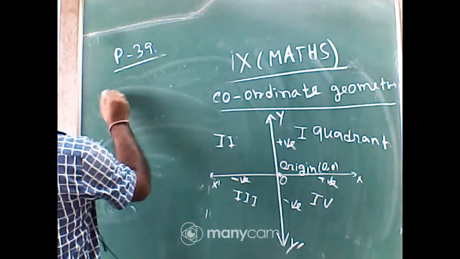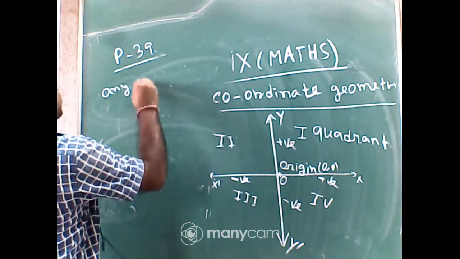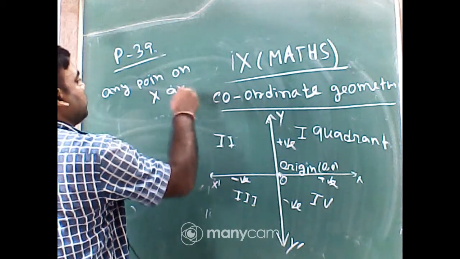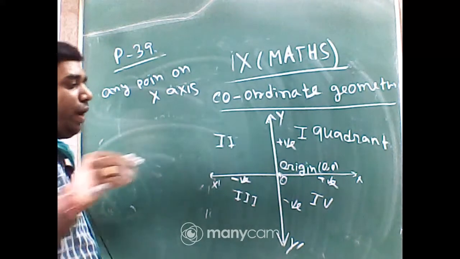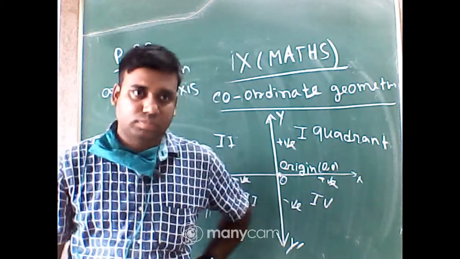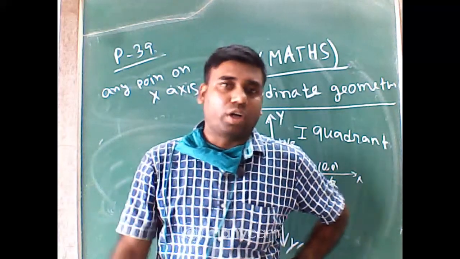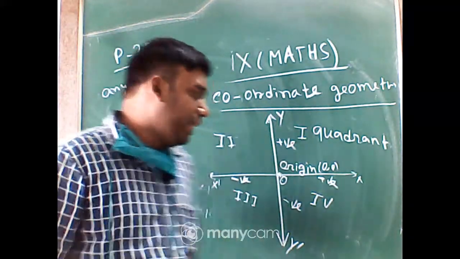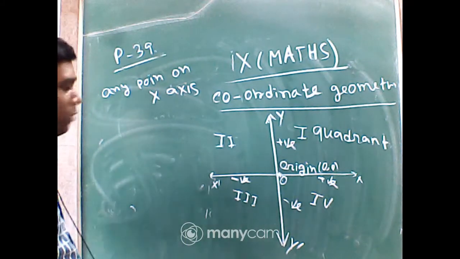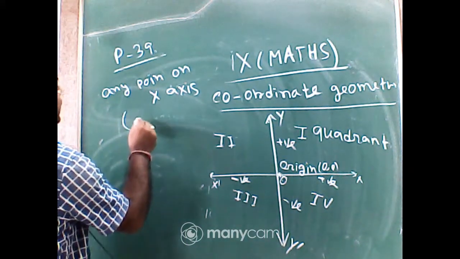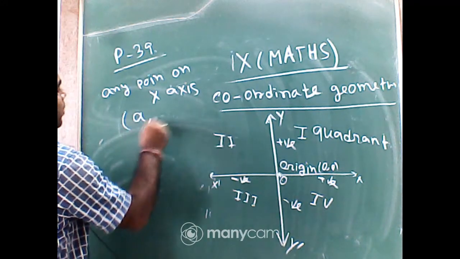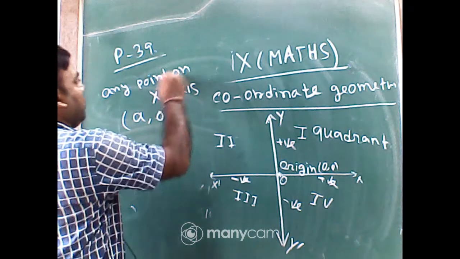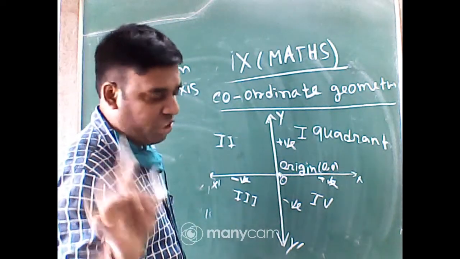Any point on the x-axis, what will be the coordinate of that point? Tell me quickly. It must be (a, 0). For any point on the x-axis, the y coordinate should be 0.